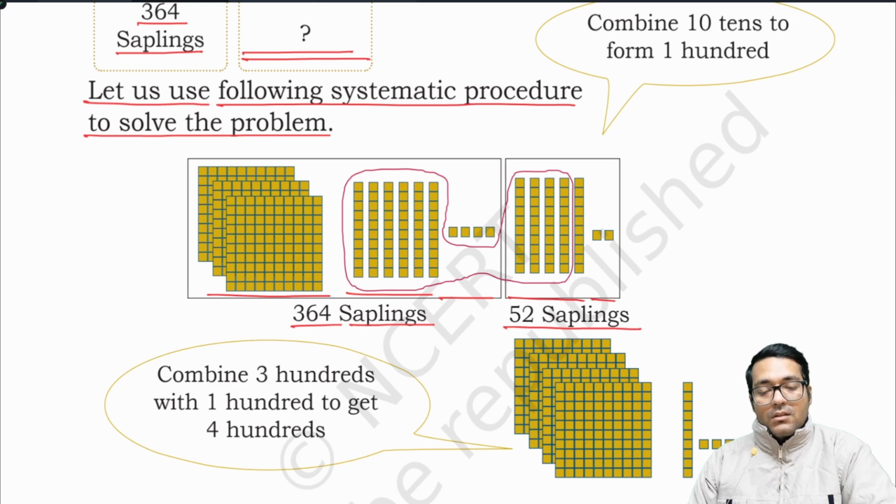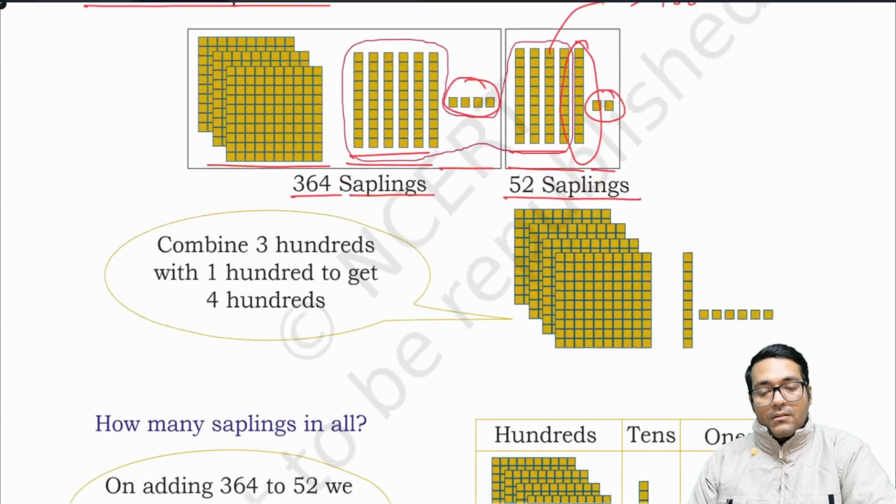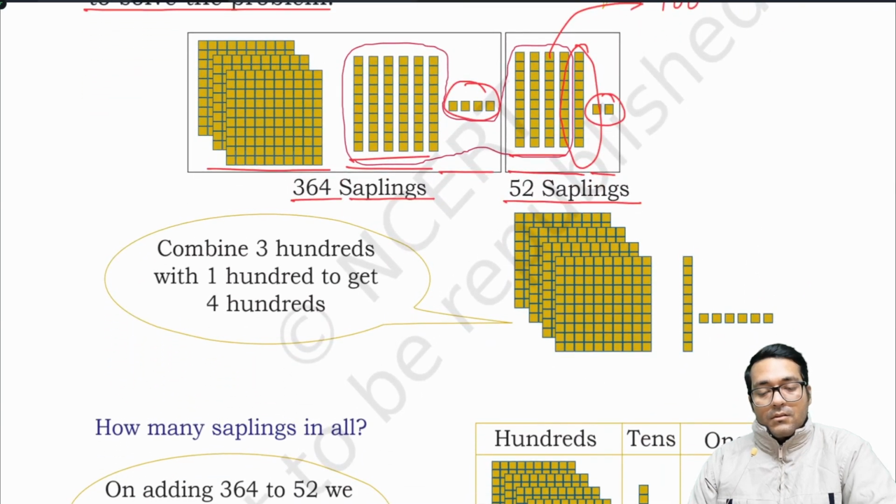You can see circling of 60 and 40 saplings together such that they become 100. Then how much is left? 4 here and 2 here, 6, and 10 here, then 16. Combine 300 with 100 to get 400.